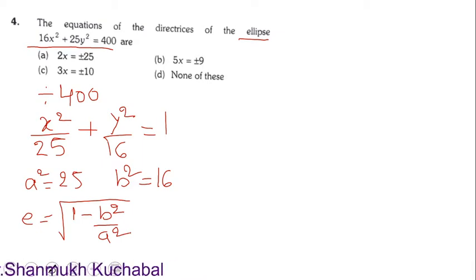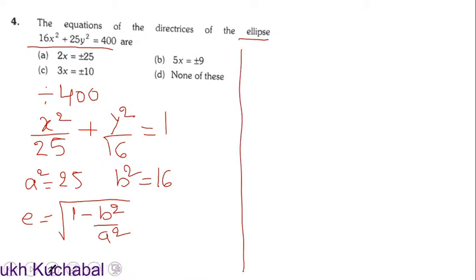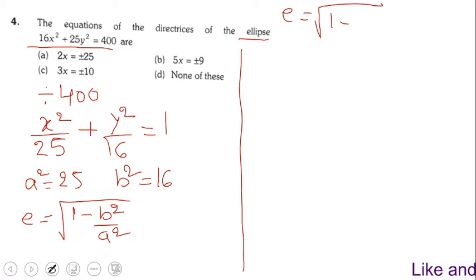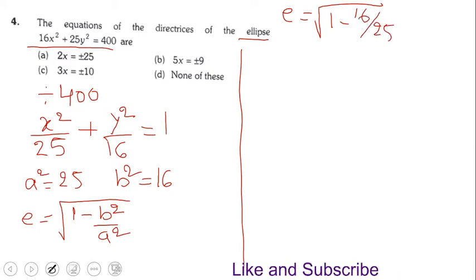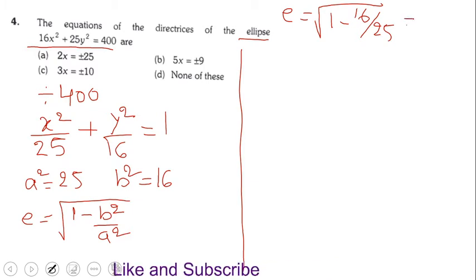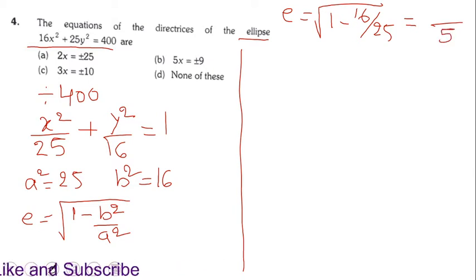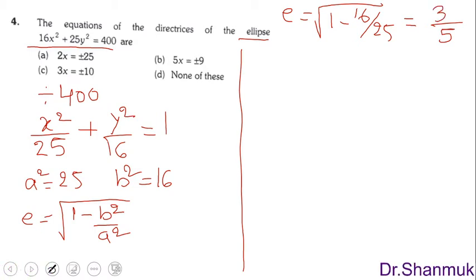So E is the square root of 1 minus 16 divided by 25. 25 is the LCM, so root of 25 in the denominator becomes 5, and in the numerator 25 minus 16 is 9, root of 9 is 3. So eccentricity is 3 by 5.